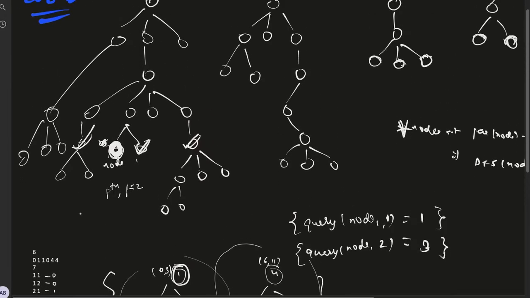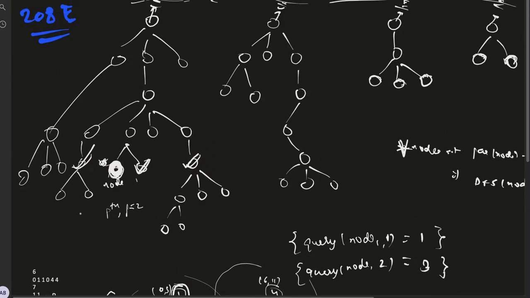Now the way we think about solving the question is, for each query (v, p), go to the pth parent of v. For this query, we would go to the second parent of the node, which is this.